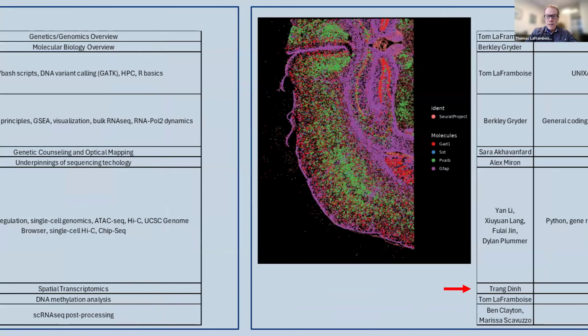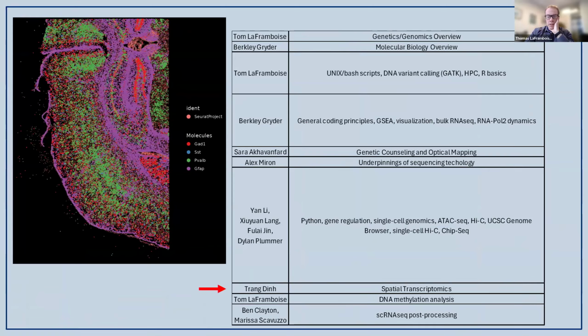And then another graduate student who has become expert in spatial transcriptomics, which is an emerging and very important technology where you can actually look at gene expression in a tissue slide, or in a tissue section, I should say.